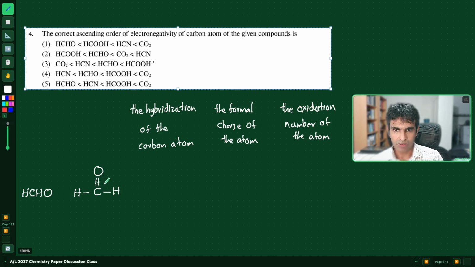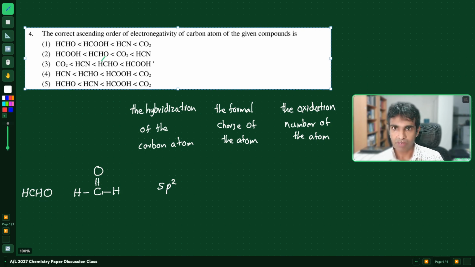So there are 3 sigma bonds with 1 pi bond formed by carbon atom, which means the hybridization of carbon atom in formaldehyde must be sp2. There are 3 sp2 hybrid orbitals. Those 3 hybrid orbitals can form these 3 sigma bonds, and the remaining 2p orbital can form the pi bond.